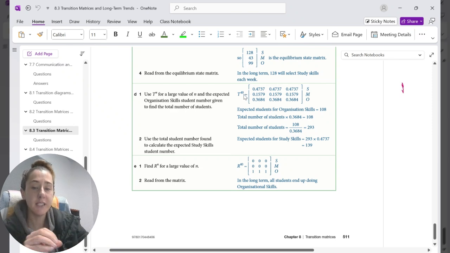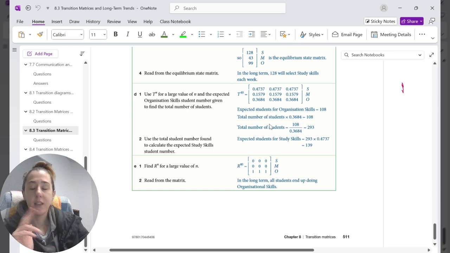Okay, so we've already raised it to the power of 40 to know where the student percentages are going to sit. So we know that about 47% are going to sit at study skills, 16% are going to be at, was that time management or stress management, and 37% are going to be at organisational. Sorry, study skills.